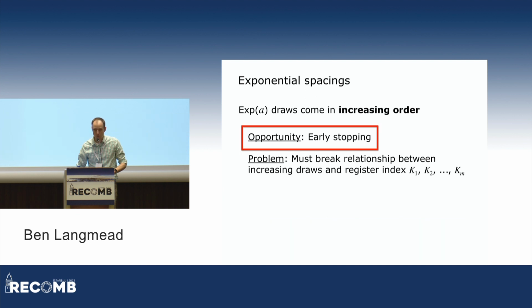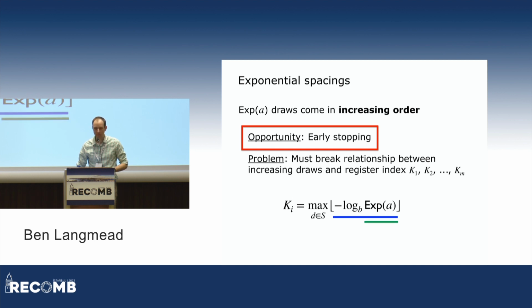So the opportunity for early stopping comes from the fact that if we look again at the update rule, there's a maximum there, which means that our chance of updating k sub i is higher when that is big, and that is big when that, underlined in green, is small. So in other words, the smaller exponential draws are more likely to change the value of a register k sub i.